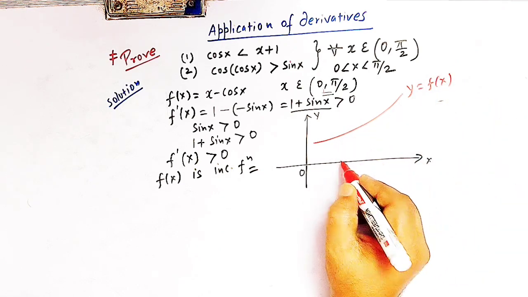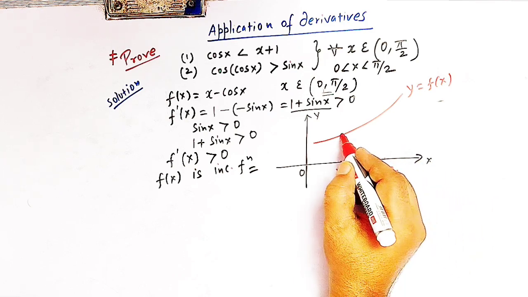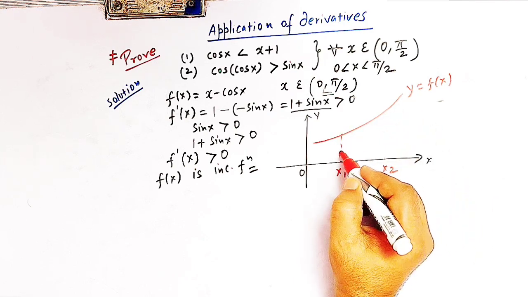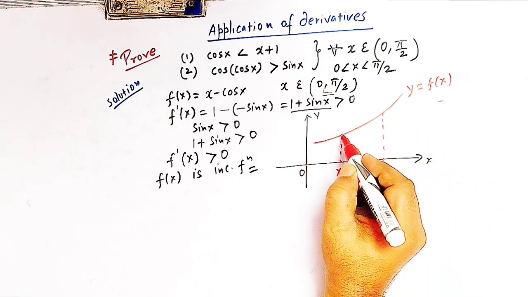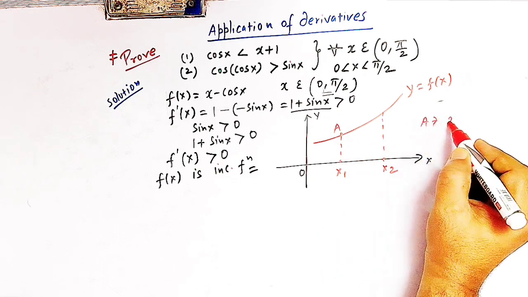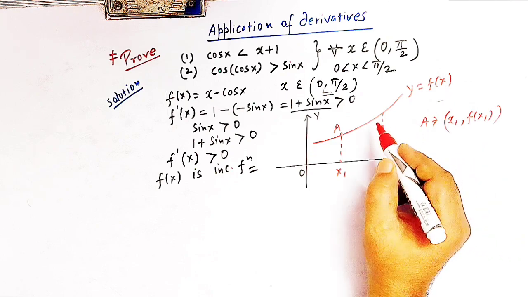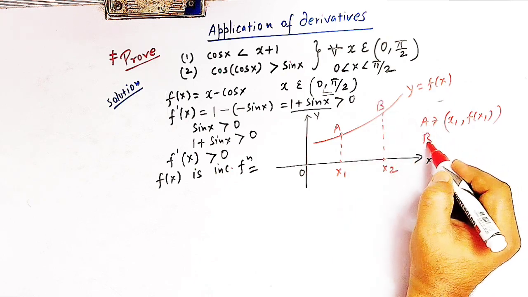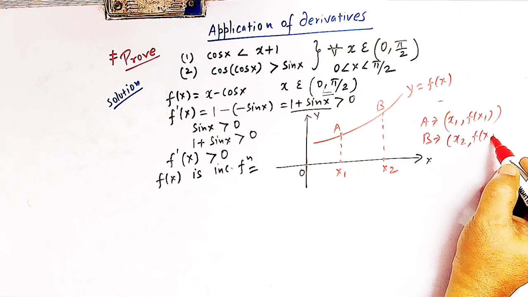And let us take 2 points x1 and x2 on this curve. So we have here x1 and this is x2. So this point A has coordinates x1 comma f of x1, right? And this point B has coordinates x2 comma f of x2.